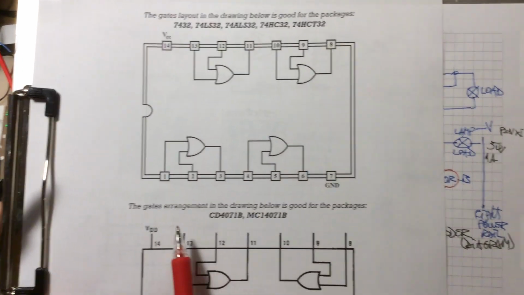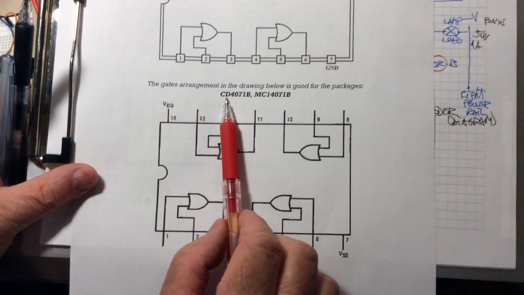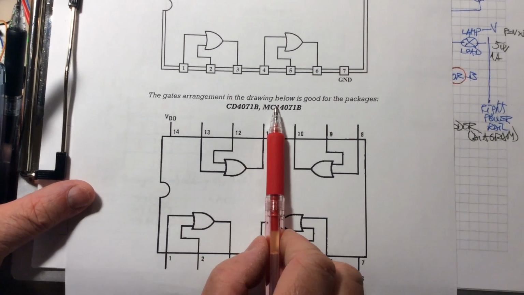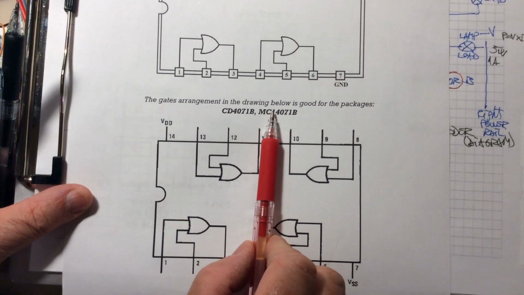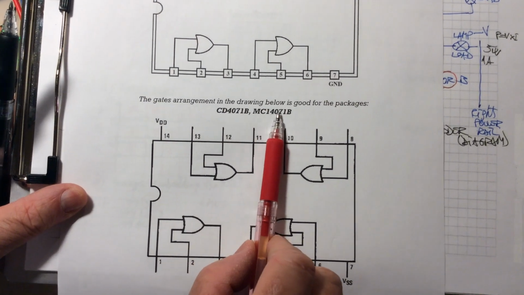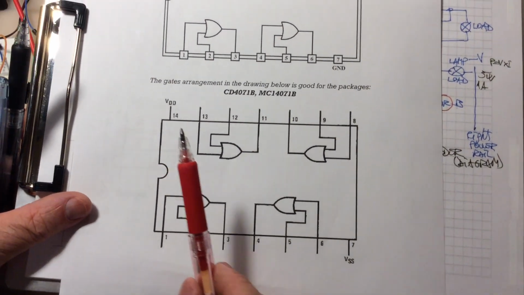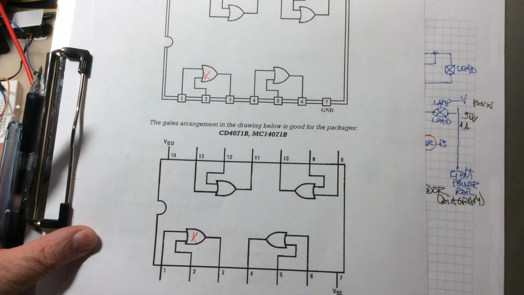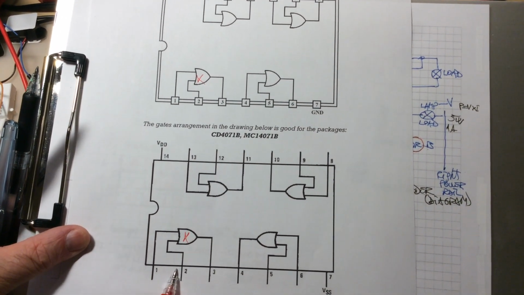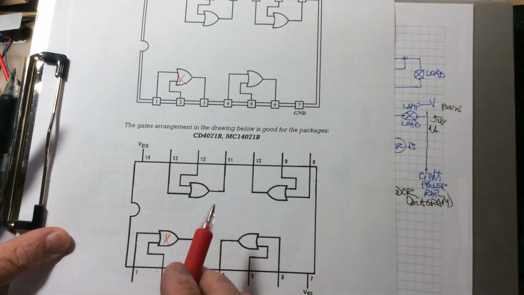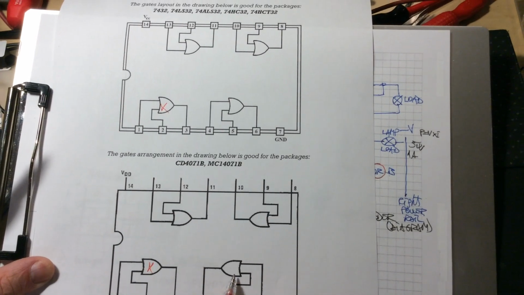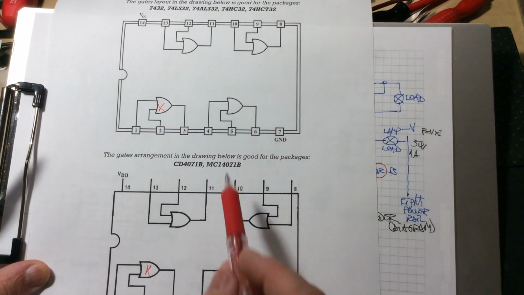However, when you go for the CMOS, the first generation, CD4071, or the Motorola made, remember Motorola puts a 1 before any code, but if you remove the 1, you get the same 4071. Then, the first gate and this one here, they are oriented exactly the same. The inputs are on the pins 1, 2, and the output on 3. However, this one is not the same. Take a look. They are oriented opposite way.